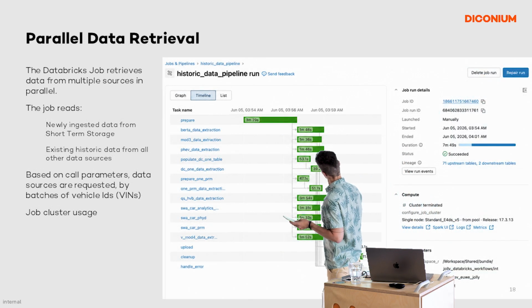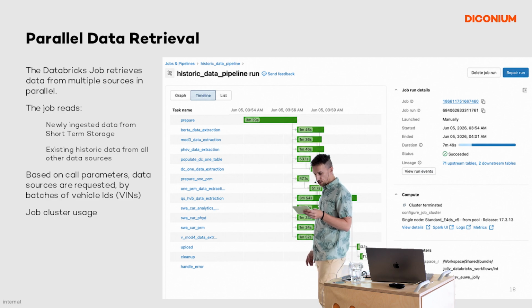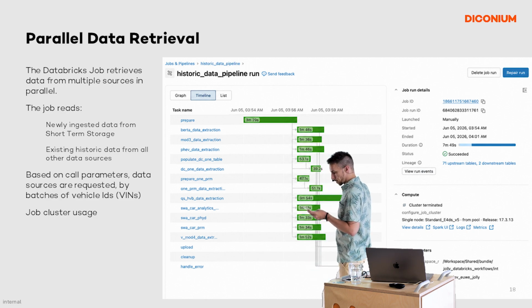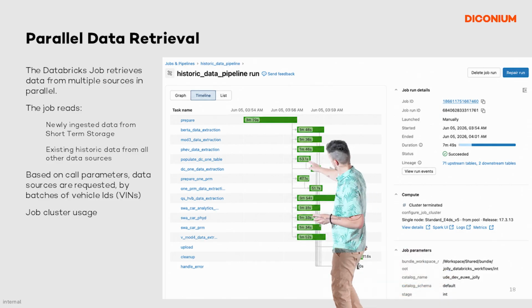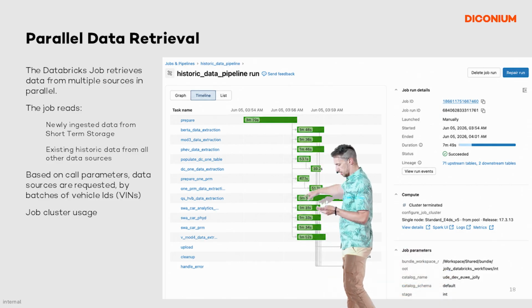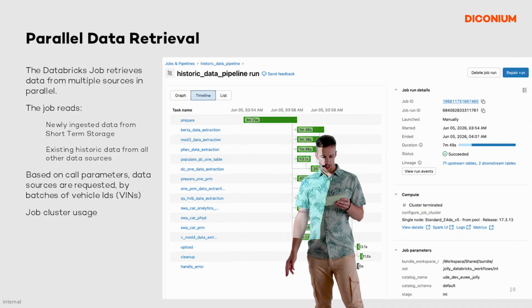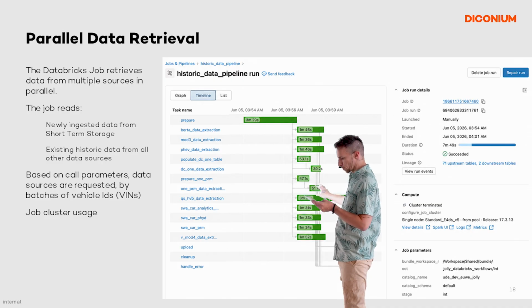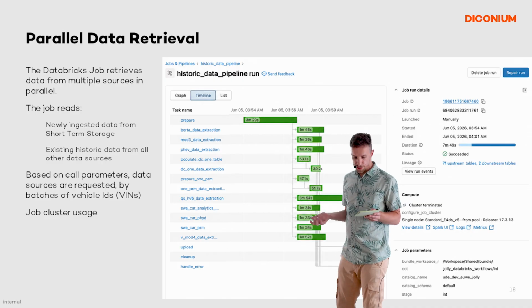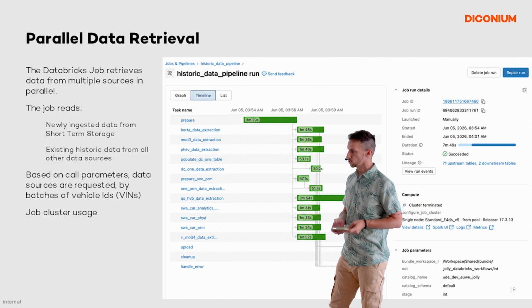Coming to the data retrieval itself. This is a screenshot of a pipeline run in Databricks, and you see the different tasks here. Basically, the data sources are collected from multiple sources in parallel. The parallel retrieval significantly reduces the processing time.